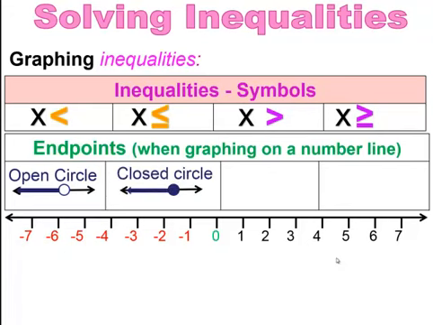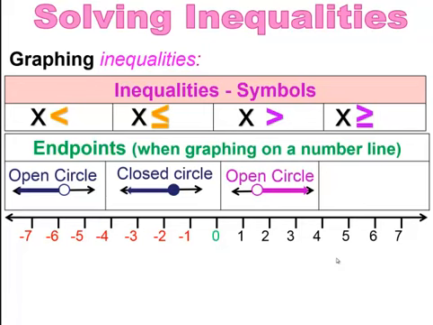If you have the less than or equal to, the only difference in the graph is you're going to close the circle at that value because it also can include that value. And you're going to shade to the left. When we have a greater than symbol, the variable's on the left-hand side, and it's greater than, you're going to have an open circle because it's not included, and now we're going to be shading to the right.